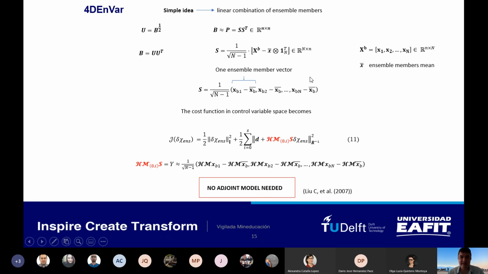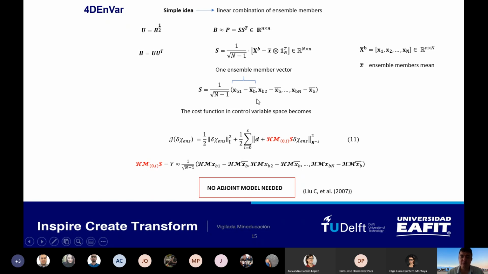From other works like Santiago's, you remember that this matrix, the covariance matrix, could be formed in different ways. From the empirical ways, when you have historical data from your model and you can recreate the background, or having multiple propagations of the model.